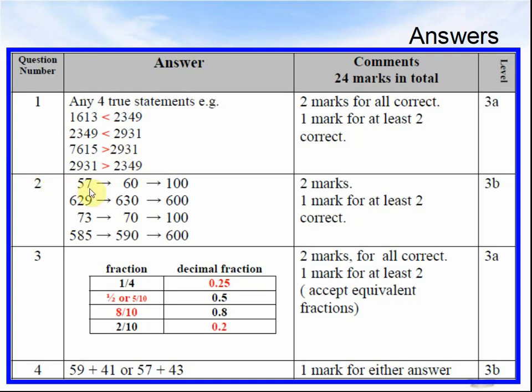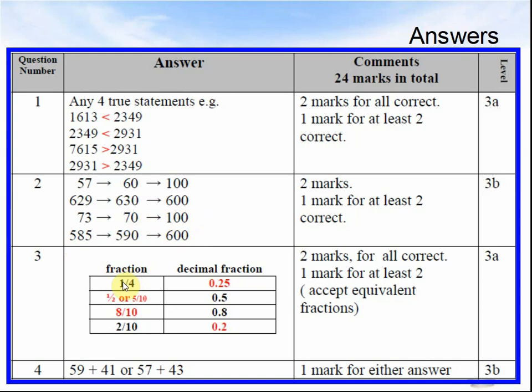Number 2. 57 goes to 60, rounds to 100. 629 rounds to 630 to the nearest 10, and to 600 for the nearest 100. 73 rounds to the nearest 10 is 70, while it rounds up to 100 for the nearest 100. 585 rounds to 590, and that rounds to 600.